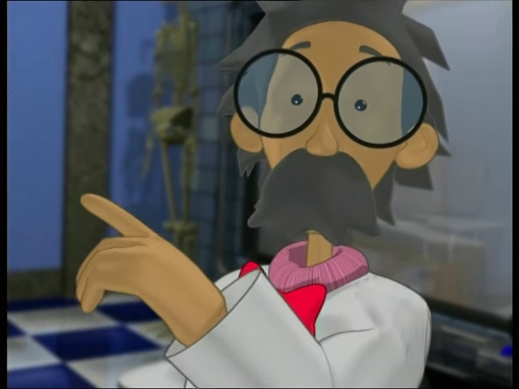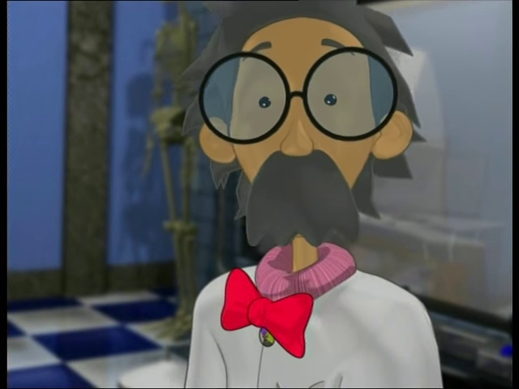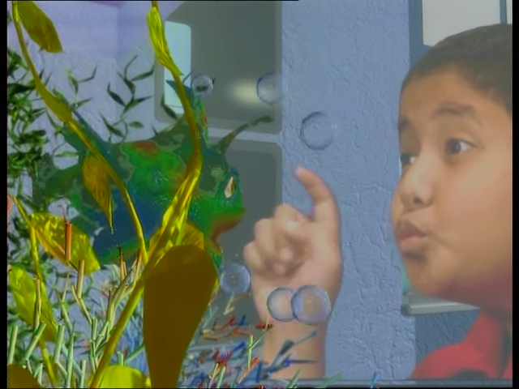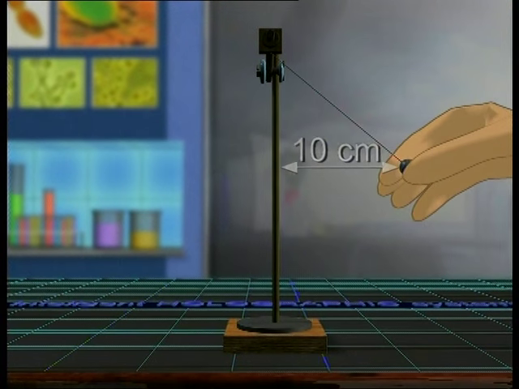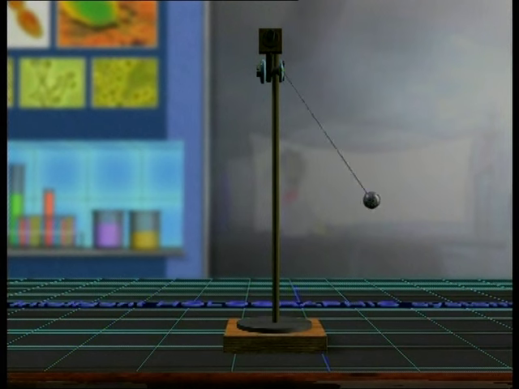Now, we are ready to carry out this experiment. First, pull the mass 10 centimeters from its rest position.